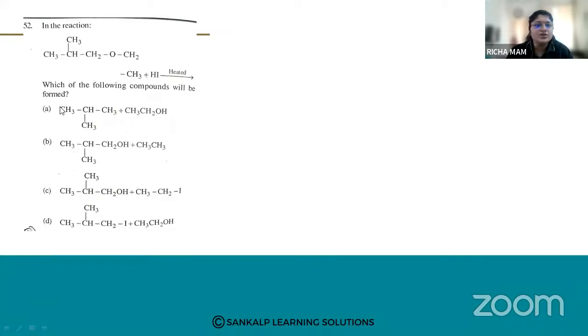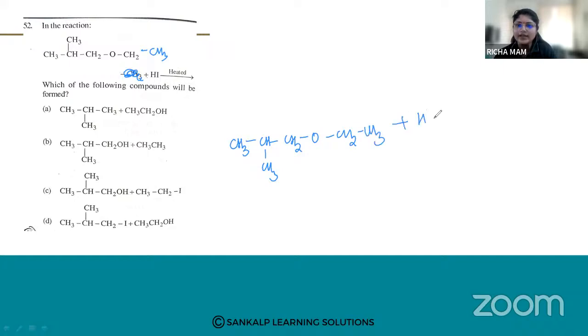So this is the question. In this reaction, when you heat this compound, which of the following compounds will be formed? Here it is CH3, this is joined, it is not separate. So this is an ether: CH3, CH, CH3, CH2, O, CH2, CH3. You heat it with HI.